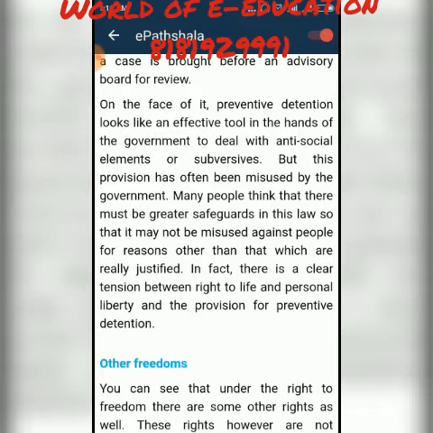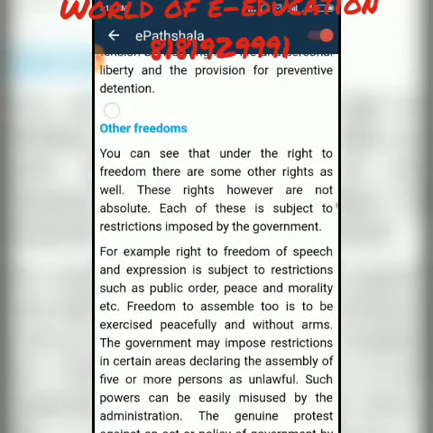But this provision has often been misused by the government. Many people think that there must be greater safeguards in this law so that it may not be misused against people for reasons other than that which are really justified. In fact, there is a clear tension between right to life and personal liberty and the provision for preventive detention.